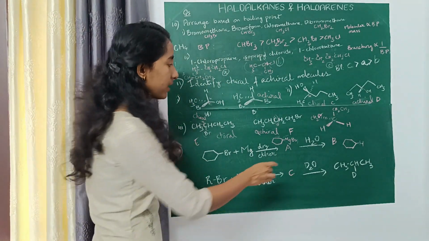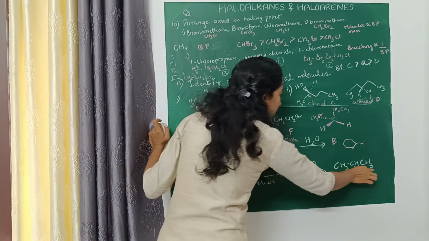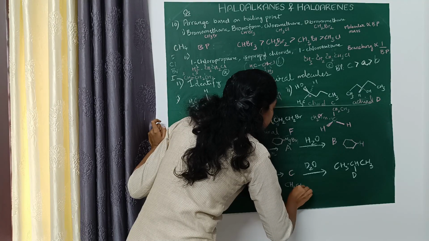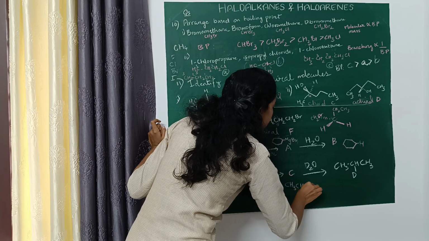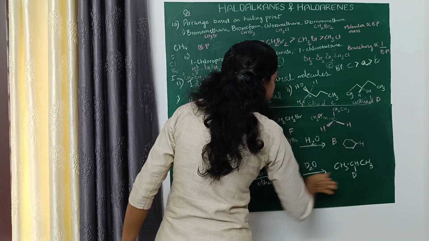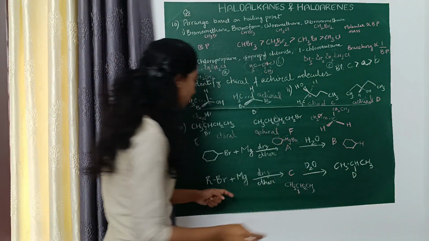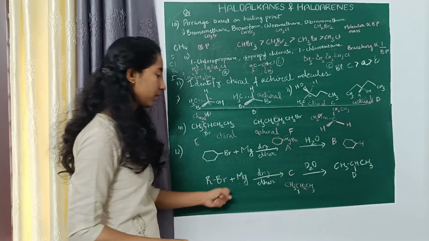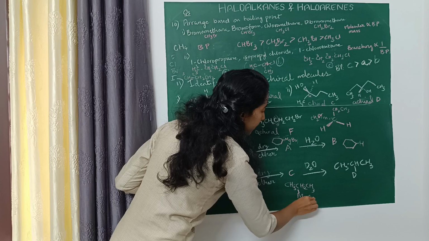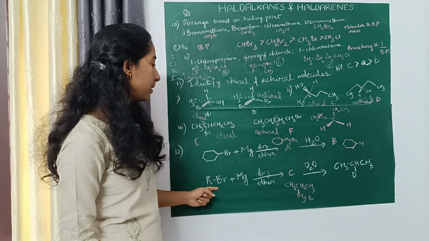So this will be the same, that is CH3CH2CH3, and this one was replaced with deuterium. Then what is RBr?